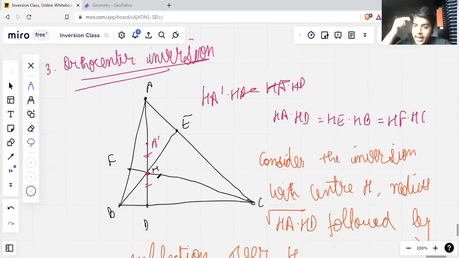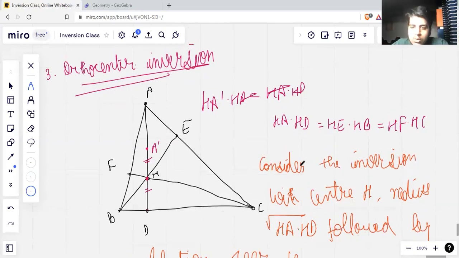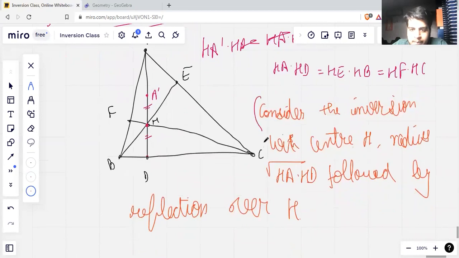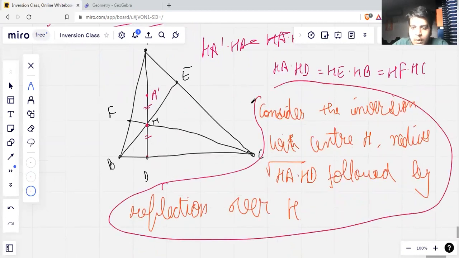Now, when I reflect A dash over H, clearly it will go to D. So this whole thing sends A to D and vice versa.